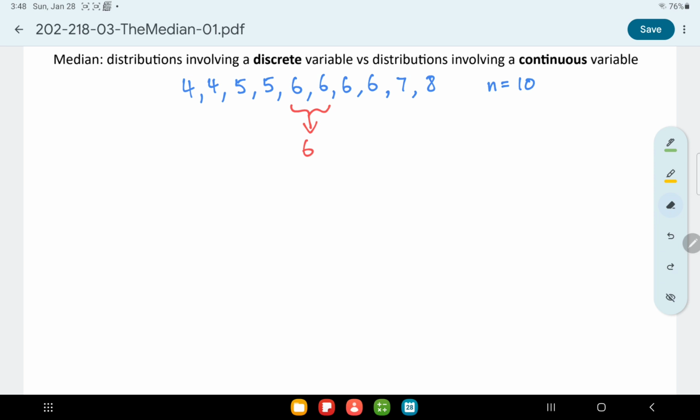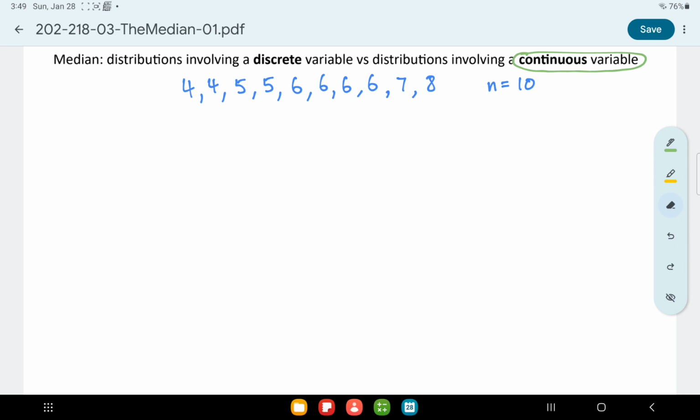So then what happens when a distribution presented represents a continuous variable? Well, the procedure will have to be slightly different. When analyzing a distribution of numbers representing a continuous variable, we cannot use the strategy as described so far.